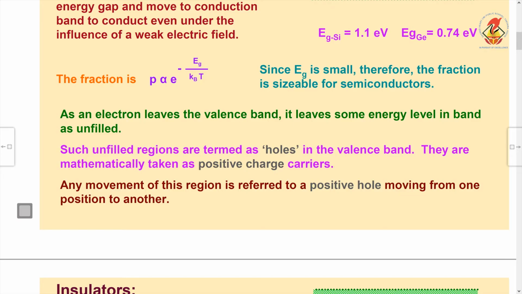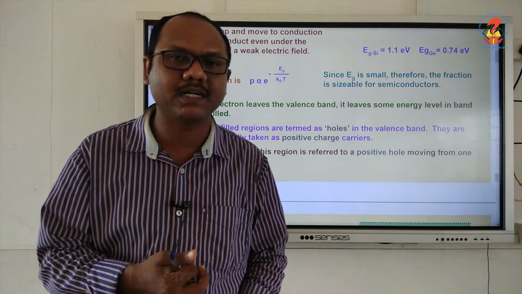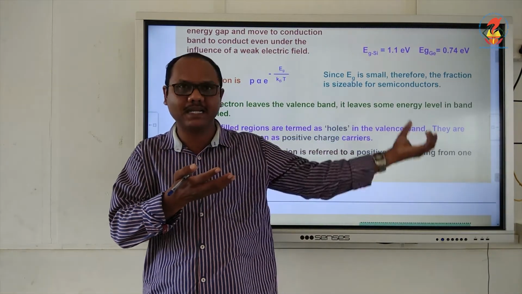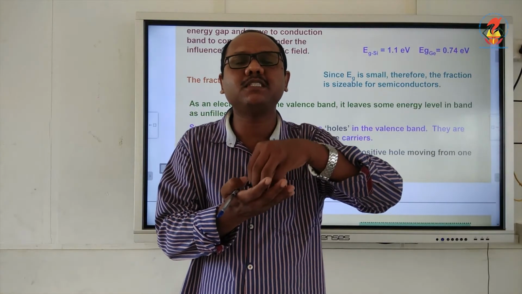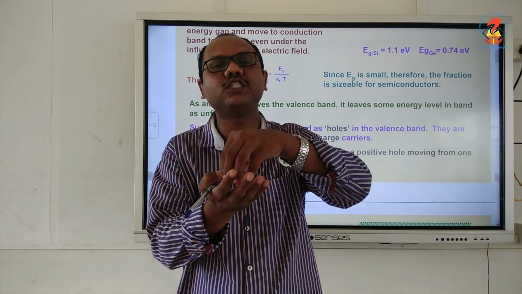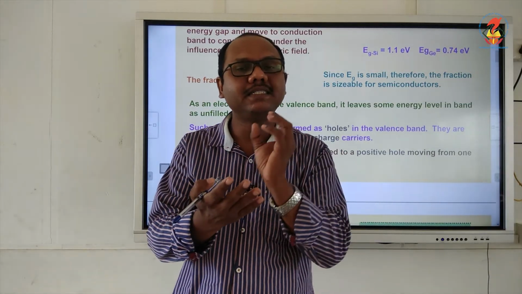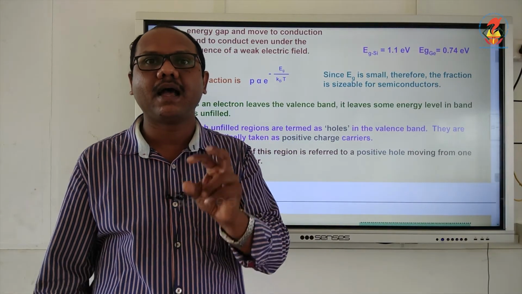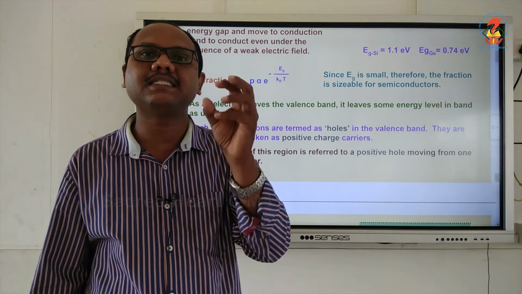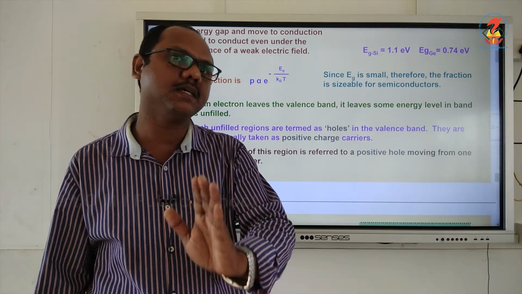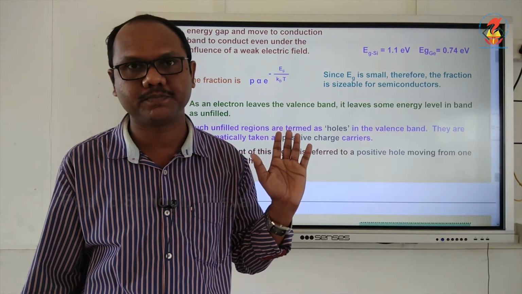Whenever a covalent bond is broken and the electron moves from the valence band to the conduction band, an empty space is created in the valence band, which is actually the deficiency of the electron. That deficiency of electron is considered a hole, equivalent to a positive charge. So you can assume that holes are positively charged.